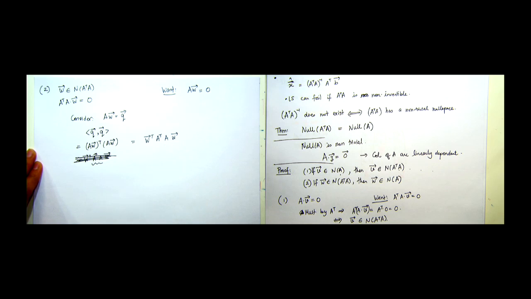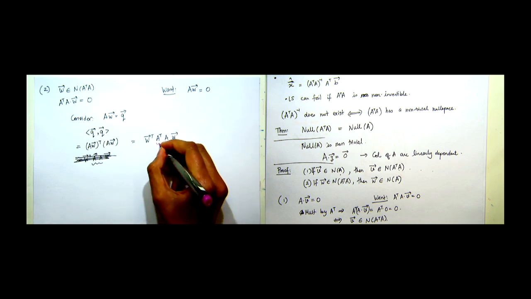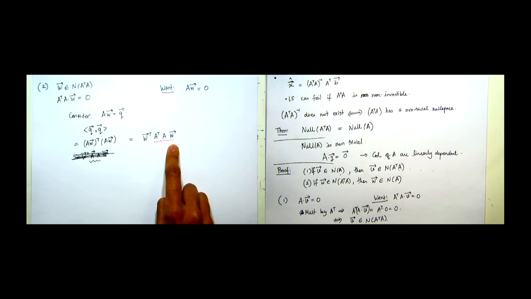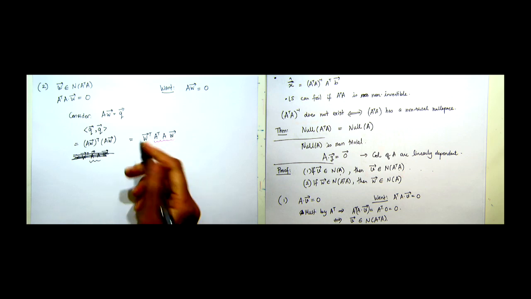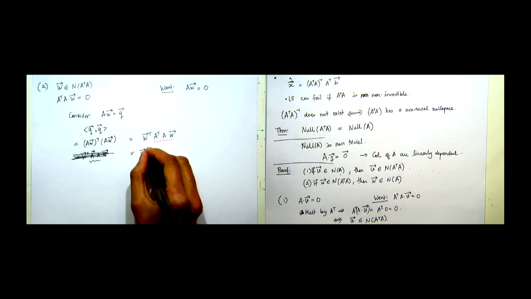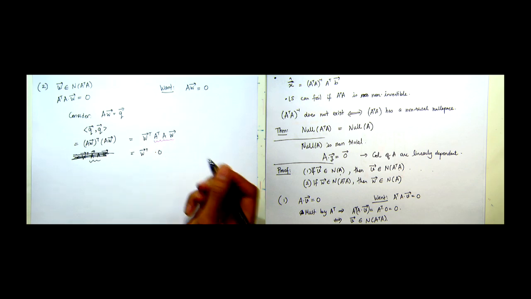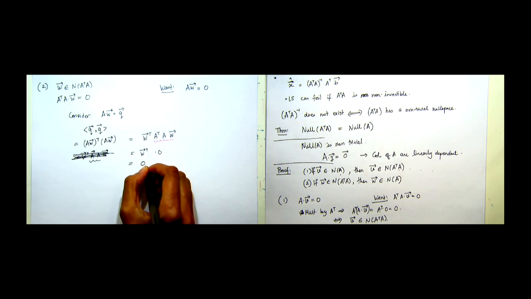W transpose A transpose A W. What do I know about this? A transpose A times W. What do I know? This is 0. So this is W transpose times 0. So this whole thing is 0.